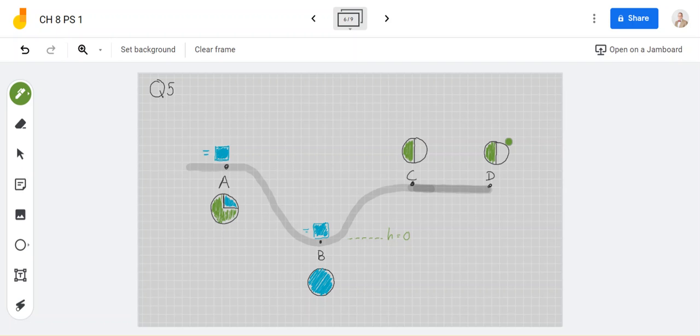And then here, this is also frictionless, which means that... and then what happened here is that as it slid across this rough surface from C to D, some thermal energy was generated and released to the surroundings.